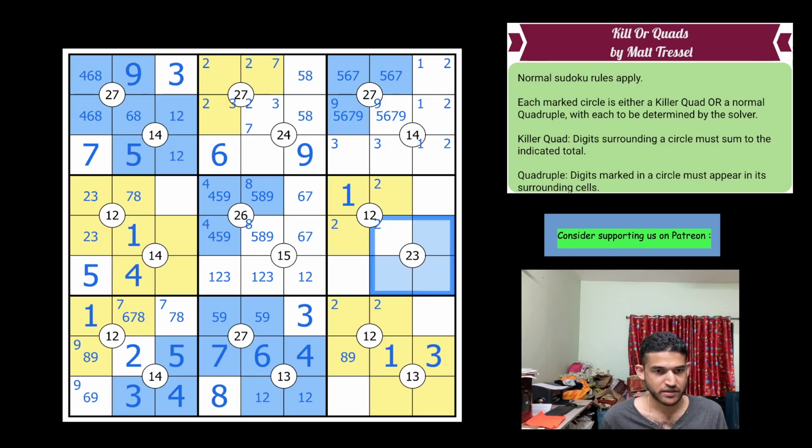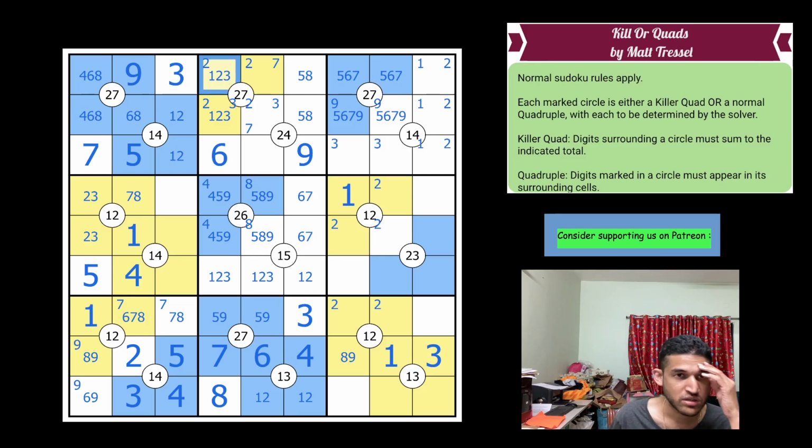Let me take a breather here. Okay, 6, 7, 8, 4, 5, 9. So these would be 1, 2, and 3. I just want to remove these distracting looking corner pencil marks, but okay, I'll retain them for now. So I have 2 and 7 here and a 3 here. 6 and 9, 5 and 8.